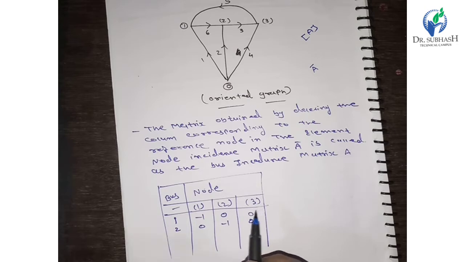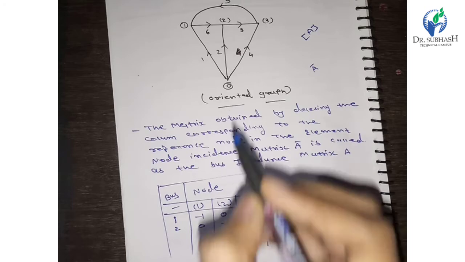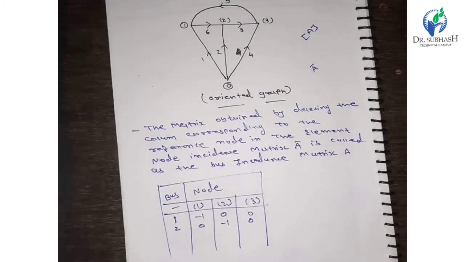In the element incidence matrix, we take the value of node 0 as a reference, but in the bus incidence matrix we only consider nodes 1, 2 and 3. Node 0 is deleted.